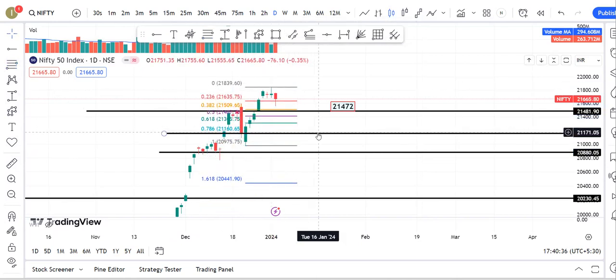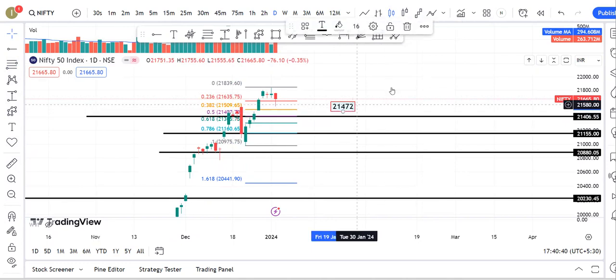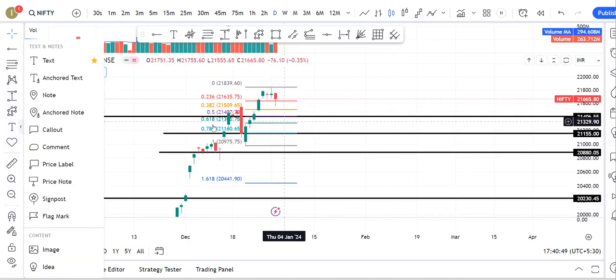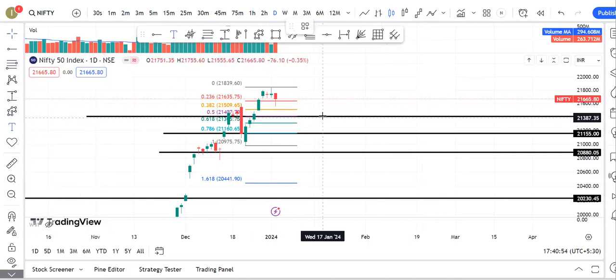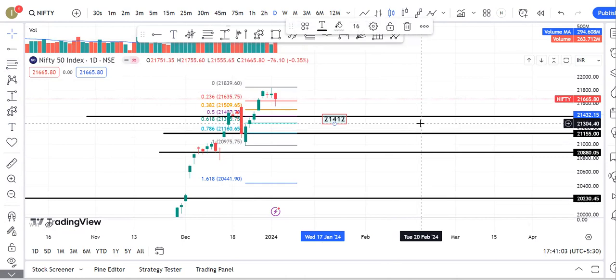This is the 50% retracement of the fib level, that is the discount level, 21,412. And the best level is 0.618.